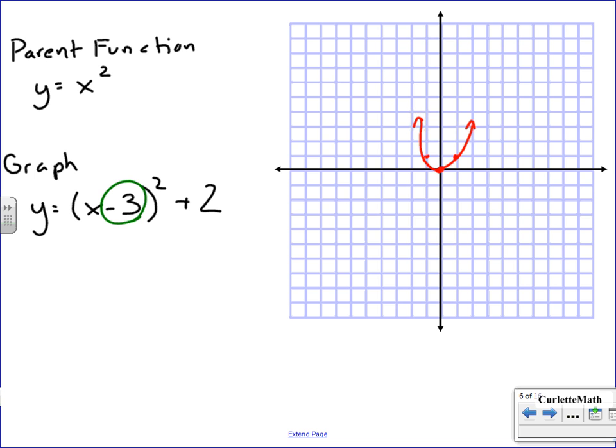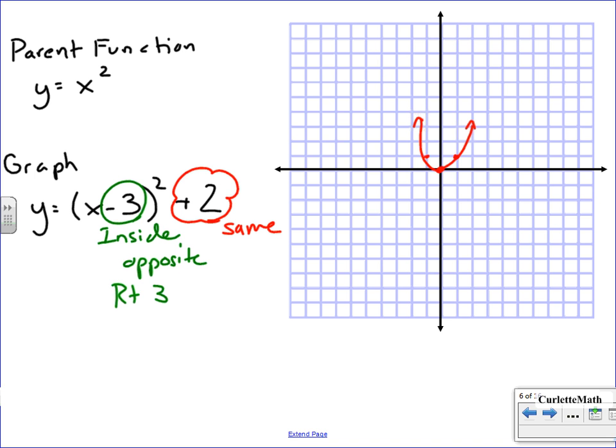Well, remember, inside, we do the opposite. It's like being inside your house. We don't listen to everyone inside our house all the time. We want to do the opposite, so we're going to go right 3. And on the outside, we get to do what we want. Yay! So we do the same, so we're going to go up 2.